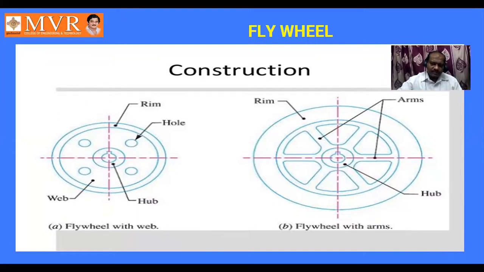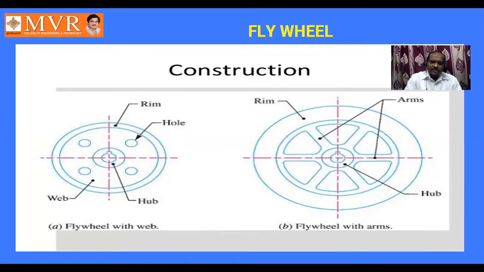How to find them? As per the concept, this flywheel is connected to an IC engine, a reciprocating engine, or a centrifugal engine, or it can also be rotated manually. So we are going to calculate the power of that engine, and then use that power for designing this flywheel.